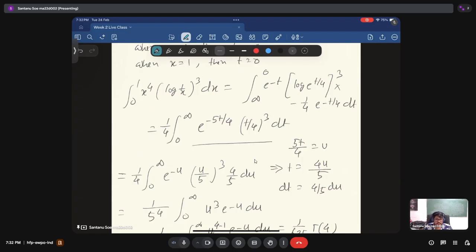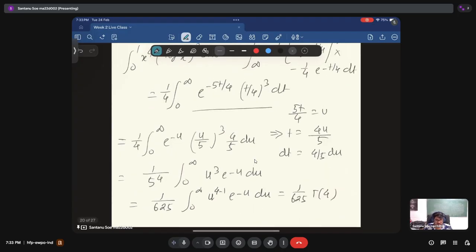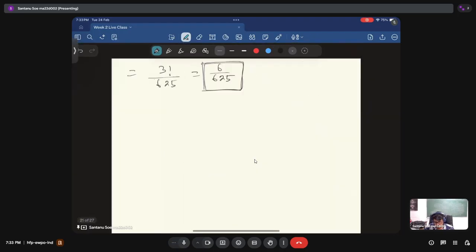Then we can substitute 5t by 4 by u, and then it will be changed into a gamma function. Some constant multiplied by gamma function, and the answer is nothing but 3 factorial divided by 5 to the power 4, or 6 by 5 to the power 4. So this should be the answer.